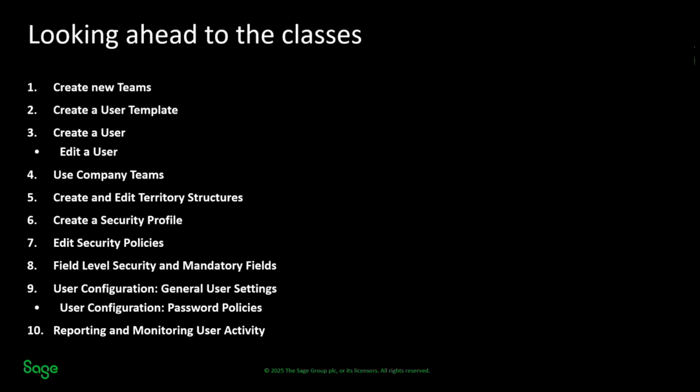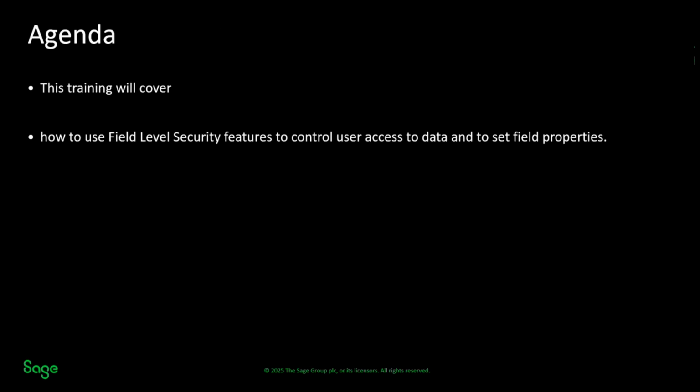So we are reaching, if you like, the end point where we've been looking at and thinking about security in terms of the company teams, the idea of territory structures, security profiles, security policies, and now we're going to see how else we can fine-tune the idea of security with field level access.